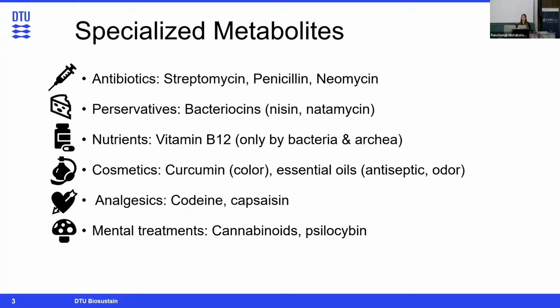I couldn't find another figure for pain, so PowerPoint gave me this, but don't use it if you're heartbroken. It's analgesics like codeine and capsaicin, that's in chili peppers actually. And then modern mental treatment metabolites like cannabinoids and psilocybin.